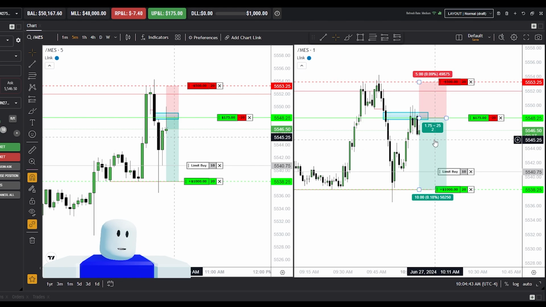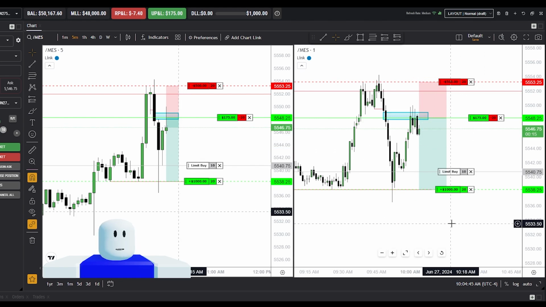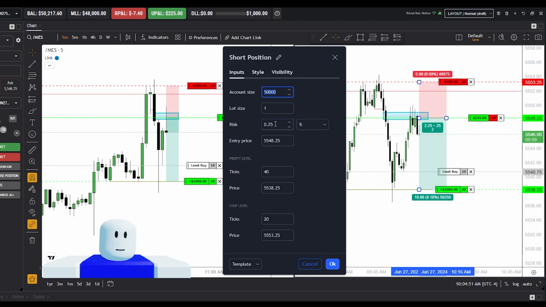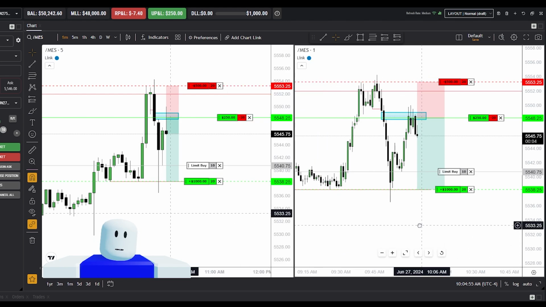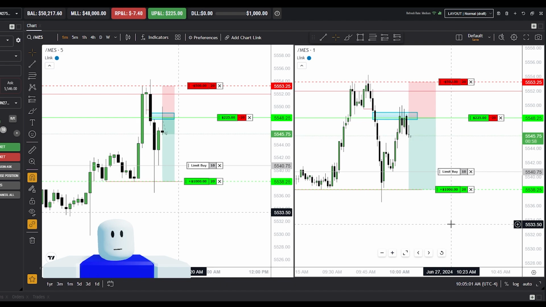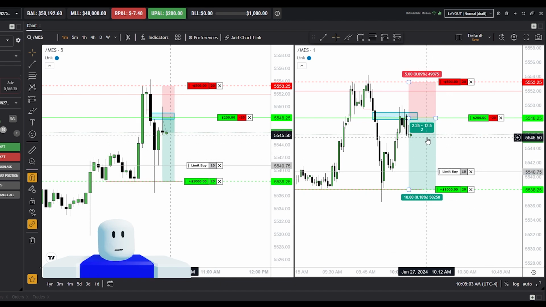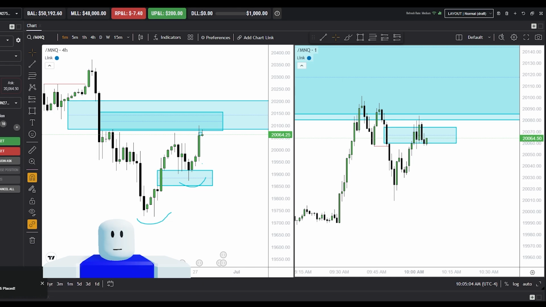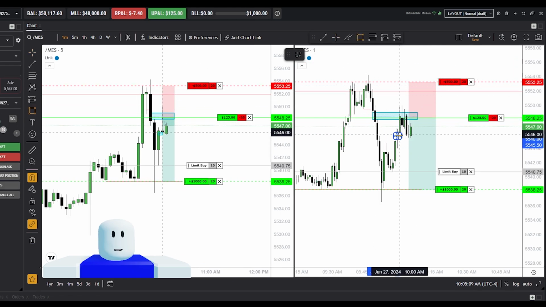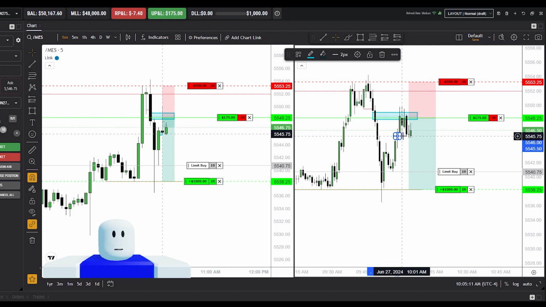So anyways, right now I want to see a strong push to the downside, respecting that fair value gap. So lot size probably, that's probably correct. I don't want to see price respect that. Don't want to see price respect these fair value gaps.